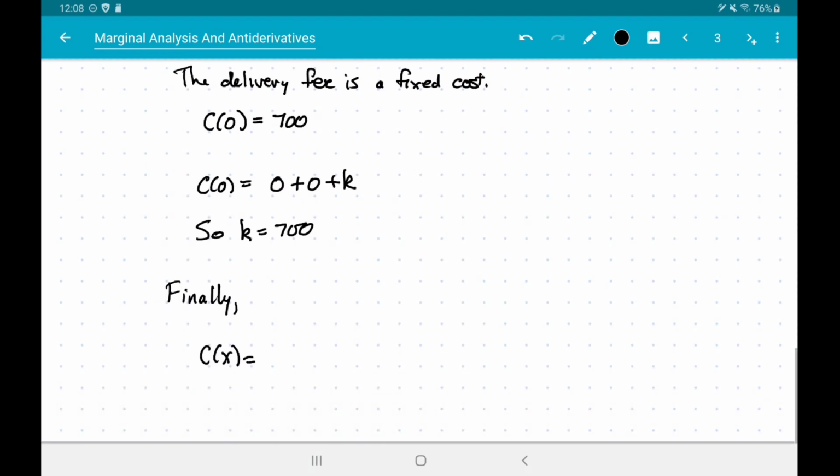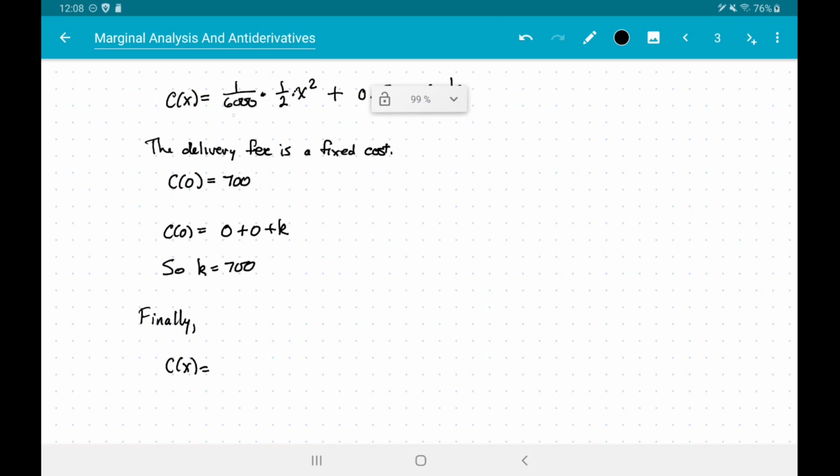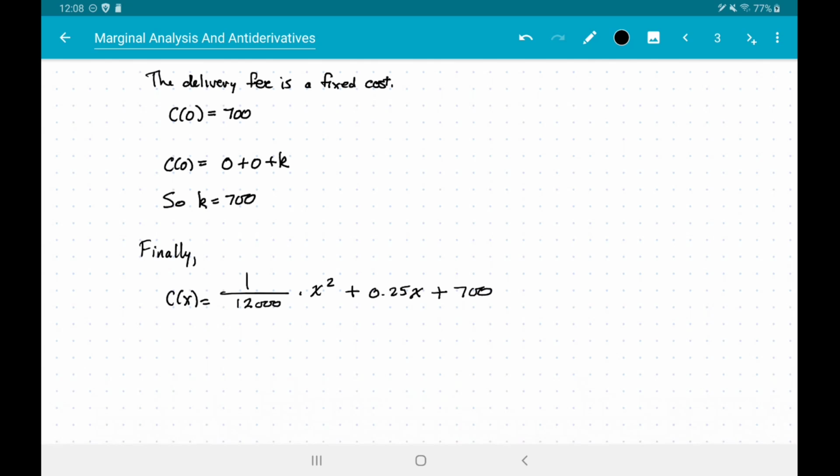So C of x equals, let me shrink that a little bit. I can do a little bit of cleanup there and multiply the two fractions together. 1 over 6,000 times 1/2 is 1 over 12,000 times x squared plus 0.25x plus, and we just figured out that k is $700. So there we go, and there's the total cost function.